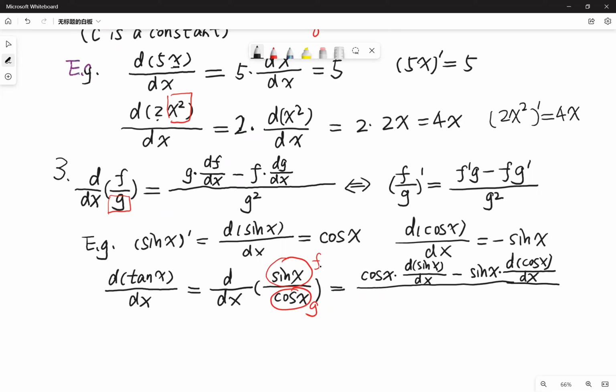And here is g squared, cosine x squared.